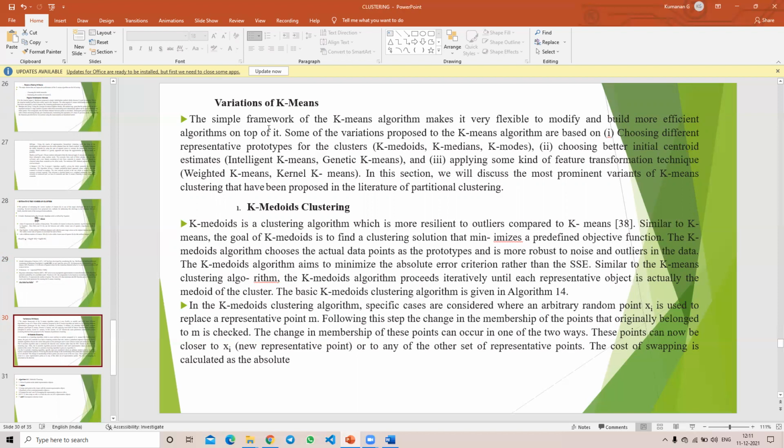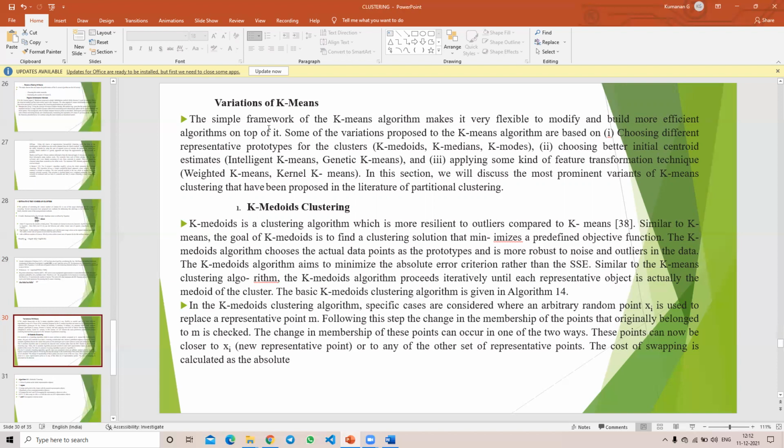Others choose better initial centroid estimates: intelligent k-means, genetic k-means. Others apply some kind of feature transformation technique: weighted k-means, kernel k-means. In this section, we discuss only k-medoids clustering.